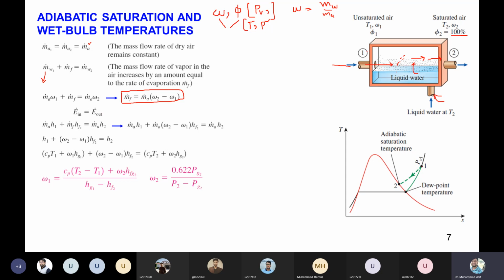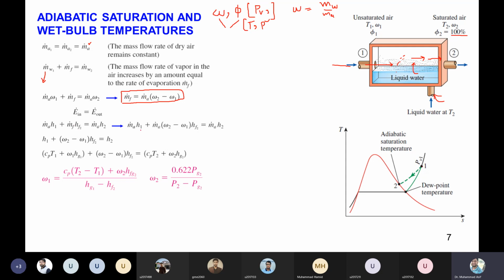Similarly, for this arrangement, we can apply the energy balance. Whatever is the energy entering, that should be equal to energy leaving. So energy entering means the enthalpy of the moist air at point 1, plus the enthalpy of the water vapors. So that should be equal to the enthalpy of the moist air leaving at point 2. And we can again simplify, we can put the value of M dot F. M dot F is MA into omega 2 minus omega 1.